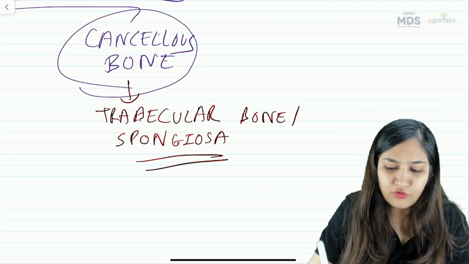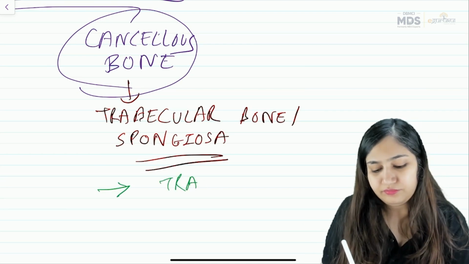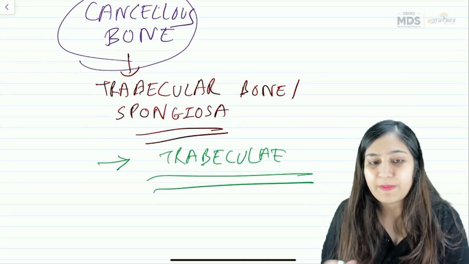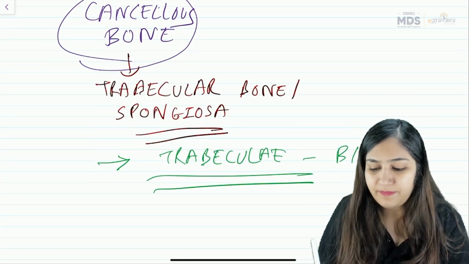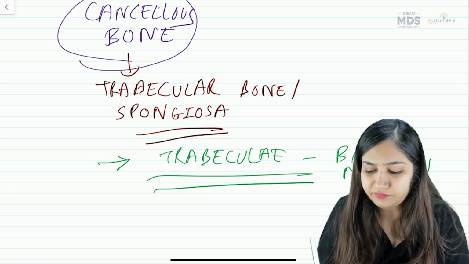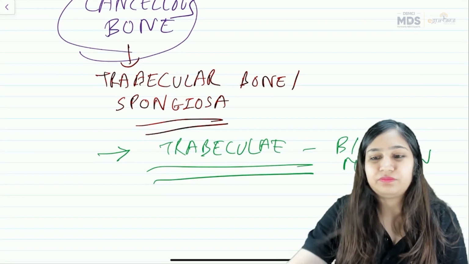So it consists of what? Trabeculae in between the marrow spaces, filled mostly by fatty marrow.